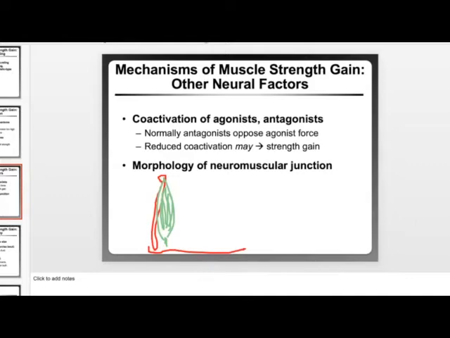Now the bicep is going to fire and it's going to make the hand go in this direction.